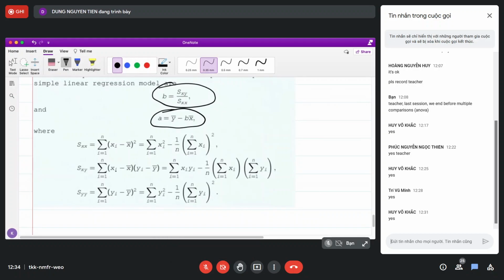So you get the sum of (xi minus x bar) times (yi minus y bar). You can rewrite this expression as follows: the sum of xi yi minus the sum of xi times the sum of yi over n. And if you replace x by y, you get this one. And if you replace y by x, you get Sxx. If you divide Sxy by Sxx, you should be able to get the value of b. That's all clear, everybody?